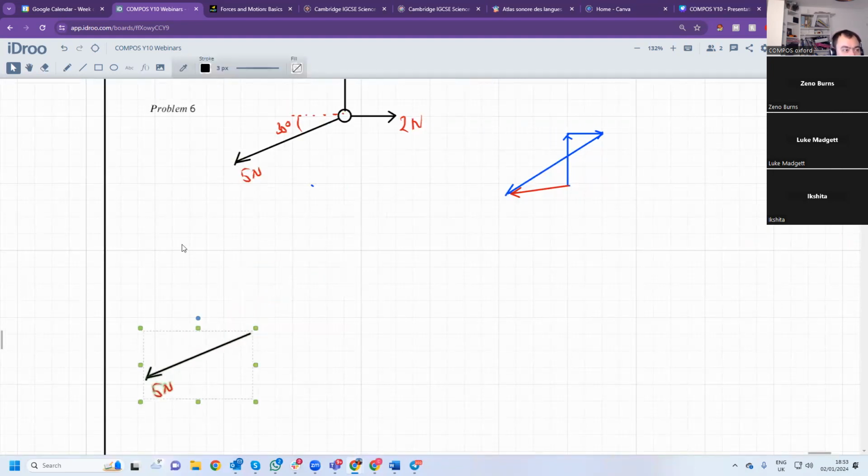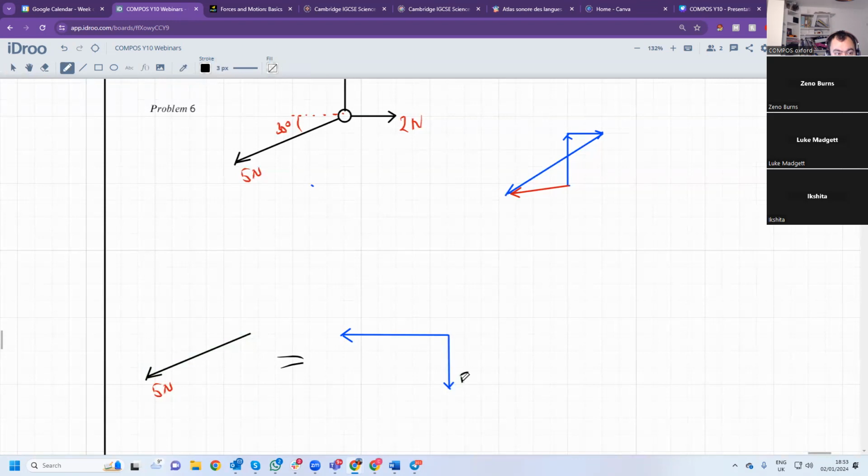This force can be broken down into 2 forces, down and like this. So this force can be represented as the sum of 2 forces.